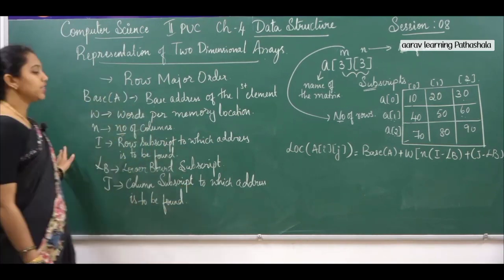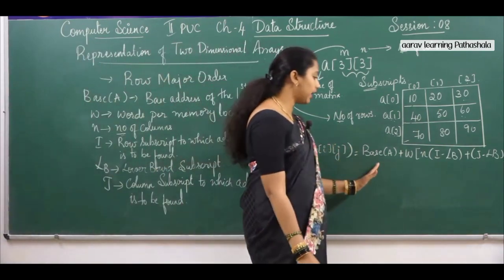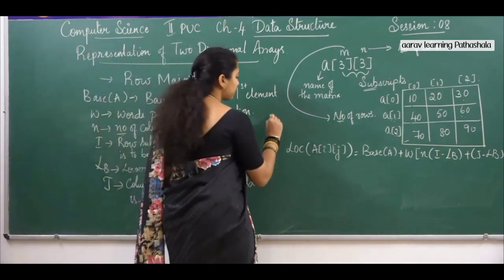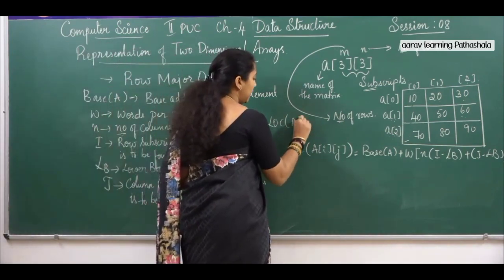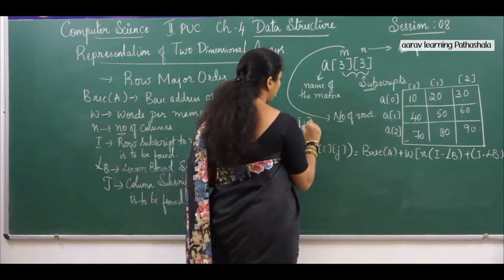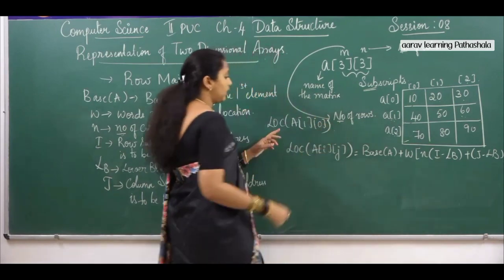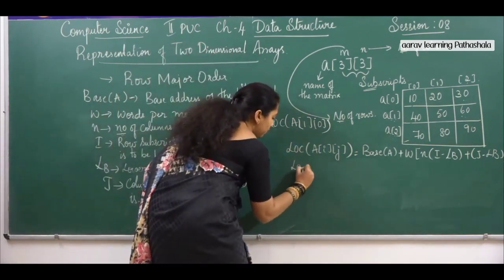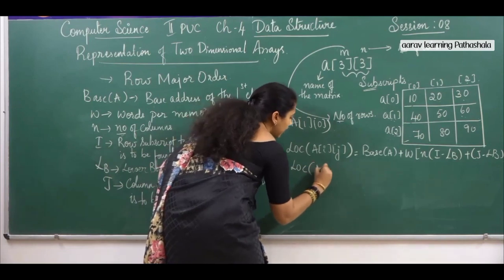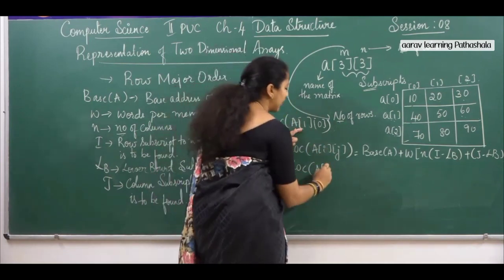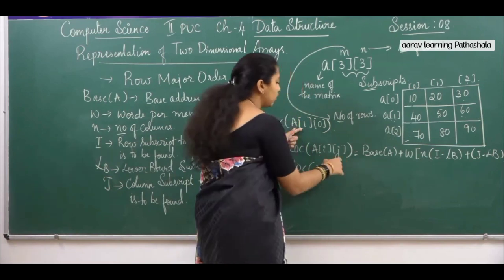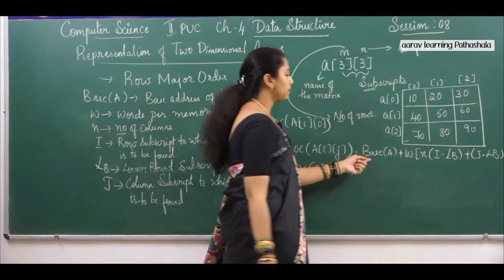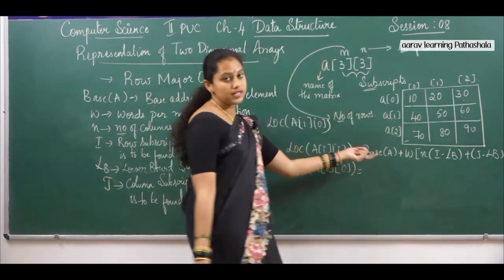So using this formula, now let's find the memory address of location A of 1, 0. So substitute in this formula, location A of, what is the value of I? The value of I is 1 and the value of J is 0, is equal to base of A. So what is the base address?